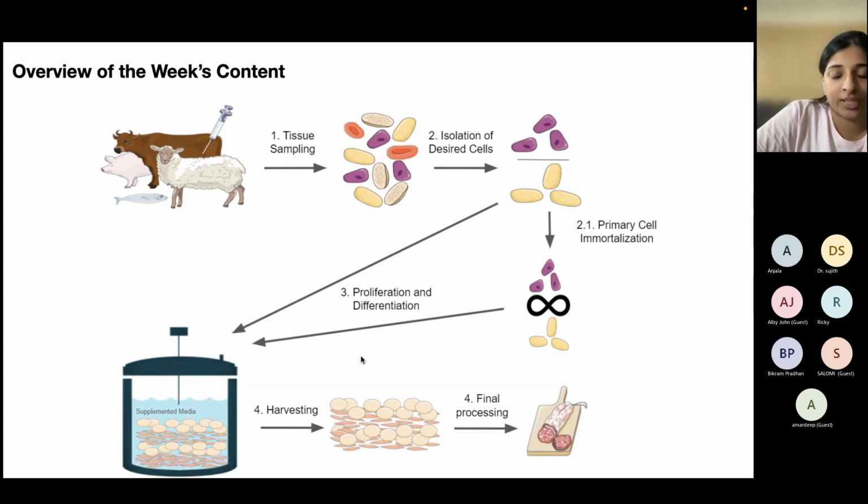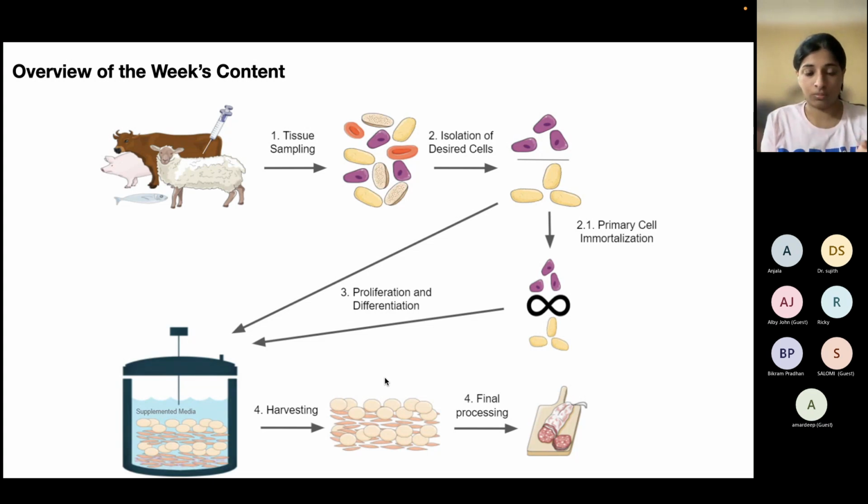They started establishing, and it's still a very new field, where meat culturing is a thing. So here you take out cells from the animal, and then you isolate the desired cells. So you require fat cells, you require muscle cells, based on that, and then you immortalize them, and then you grow them in large quantities in bioreactors, harvest them, and finally seed them in specific proportion.